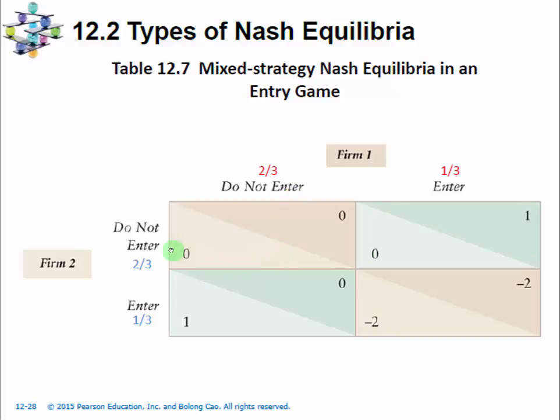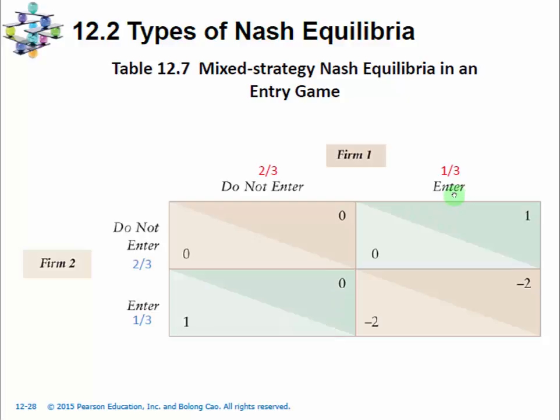In this mixed strategy Nash equilibrium, firm 2 will play enter with 1/3 of the probability and 2/3 stay out. So then for firm 1, to stay out has an expected payoff of 0. It's 0 times 2/3 plus 0 times 1/3. 0 plus 0 is still 0.